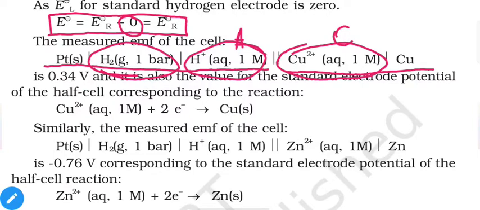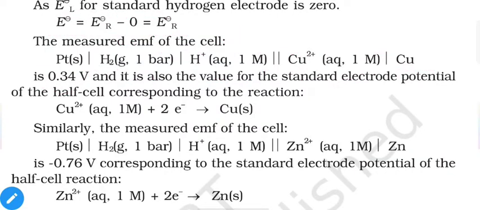Now practically, when we connect these two half cells with unity concentrations, it will produce 0.34 volts of electricity. Keep in mind, this value is the actual value. When you actually connect these two half cells together to create a cell, it will produce 0.34 volts of electricity.